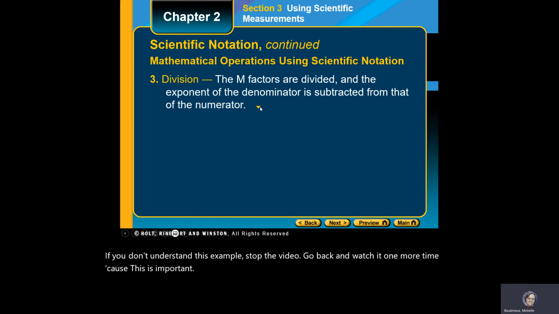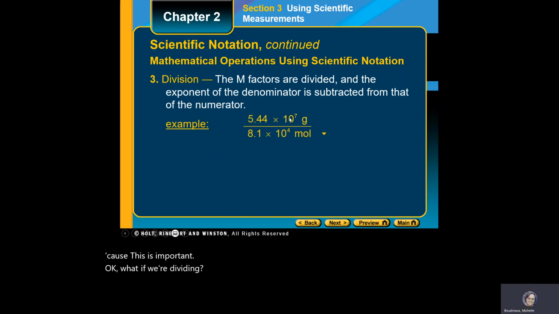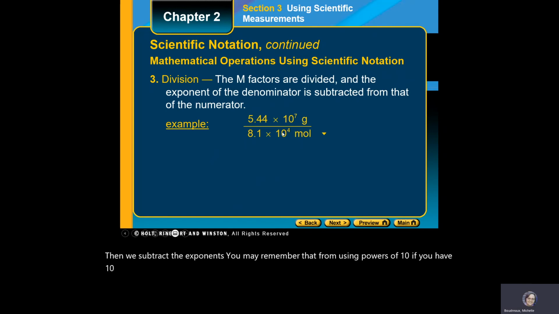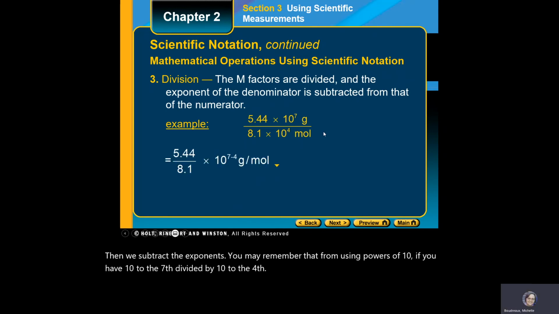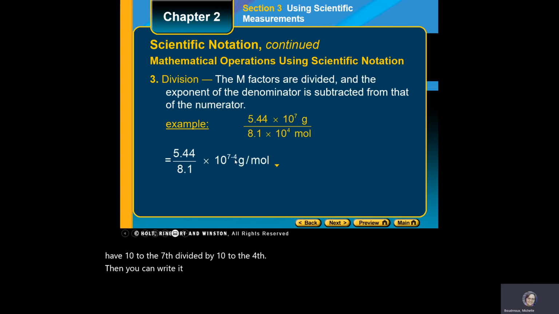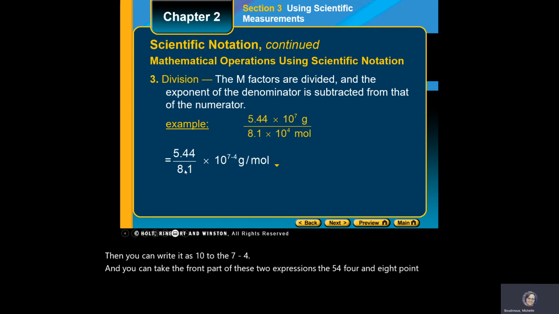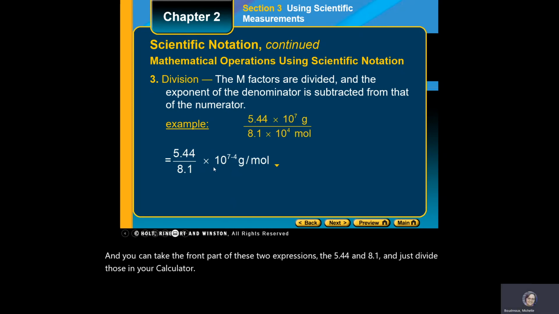Okay, what if we're dividing? Well, then we subtract the exponents. You may remember that from using powers of 10. If you have 10 to the 7th divided by 10 to the 4th, then you can write it as 10 to the 7 minus 4. And you can take the front part of these two expressions, the 5.44 and 8.1, and just divide those in your calculator, and then multiply it by 10, and just do this simple subtraction.